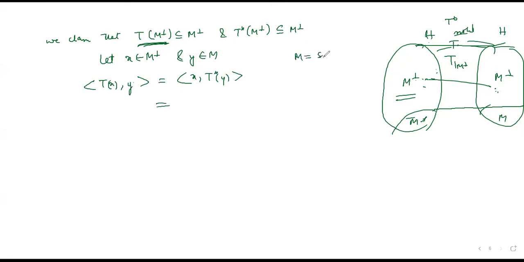M क्या है? M is span of X naught. So it means that this would be <X, T star of some alpha X naught>, because it would be some scalar multiple of X naught. लेकिन T star तो linear है, so it would be alpha bar T star of X naught.